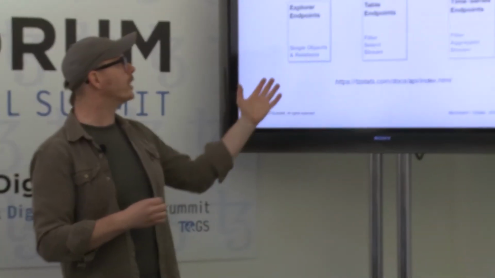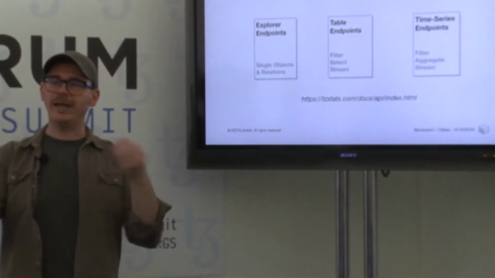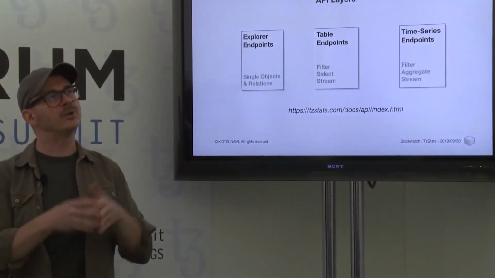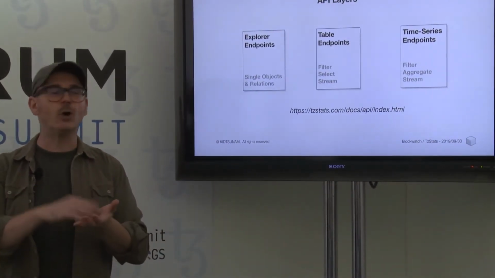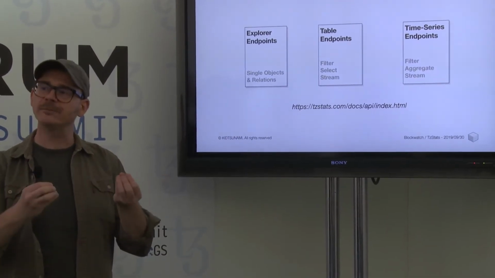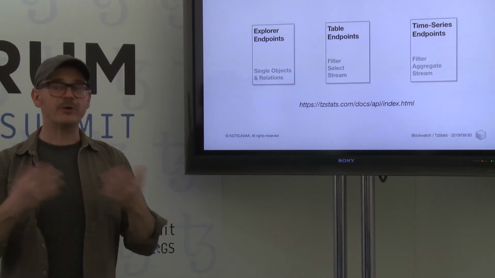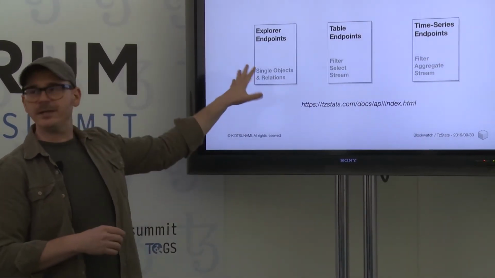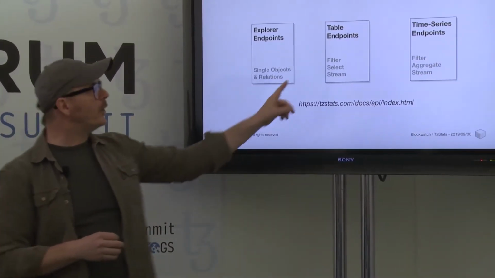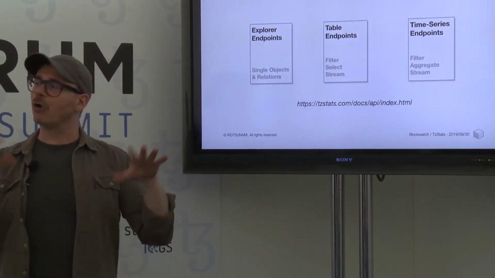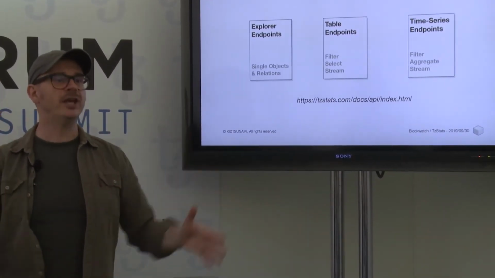One is where you can get out single objects and relations between objects, like for example a single account and all the transactions that this account made, or all the smart contracts an account has created. That's the Explorer endpoint.